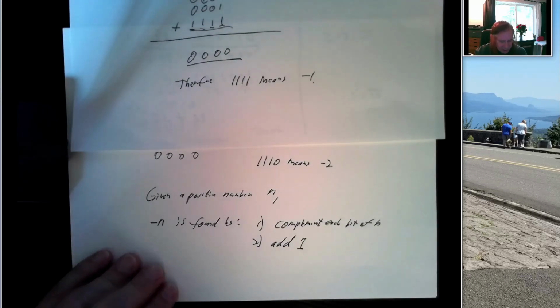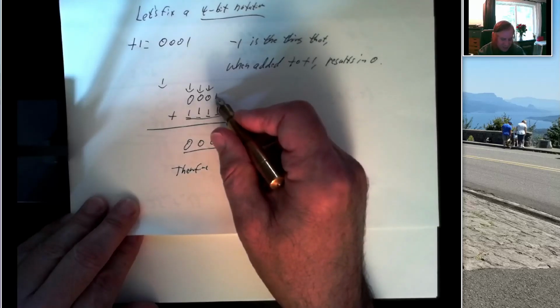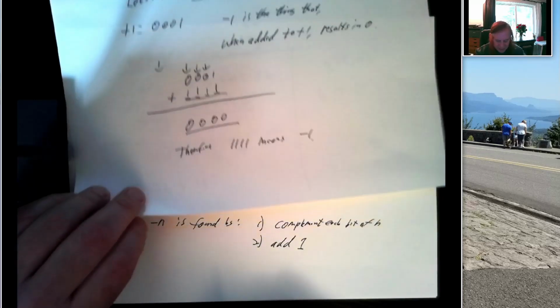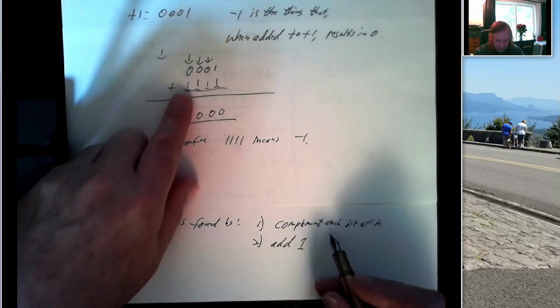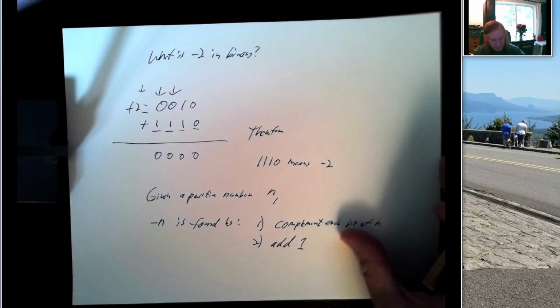I'll leave it to you to think about this analysis of what do we add to this to get a 0 out on the end, and why complementing each bit and adding 1 at the end will achieve that goal.